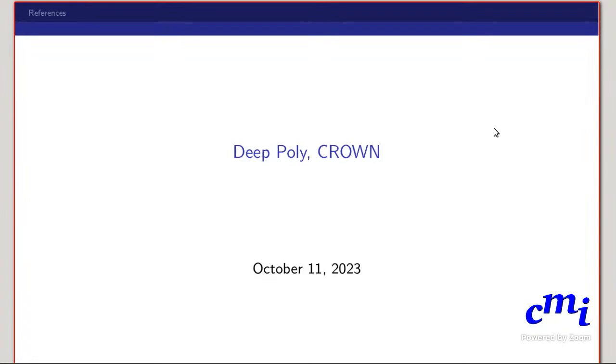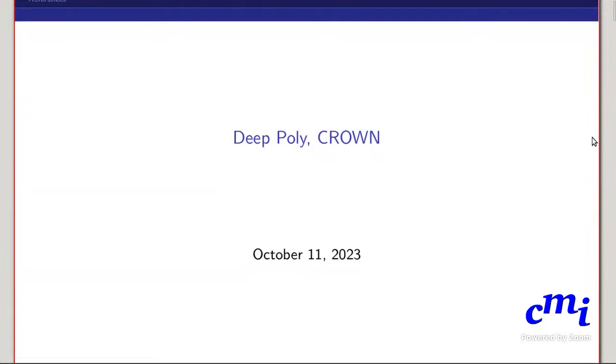Now we are. Deep Poly is the starting point if you want to understand what goes on inside the current leading tool, and it is in general based on abstract interpretation.